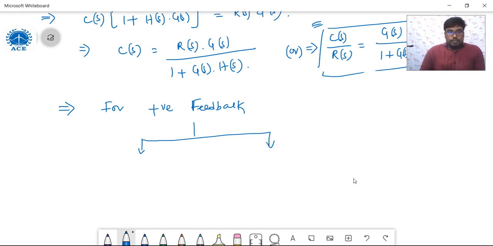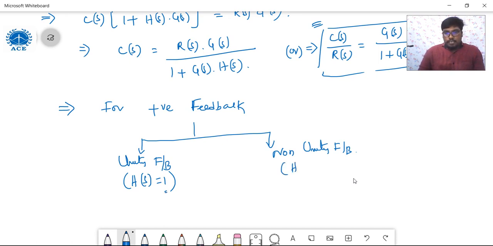So I can mention here unity feedback and non-unity feedback. H(s) is equal to 1 for unity feedback, and here H(s) is not equal to 1.